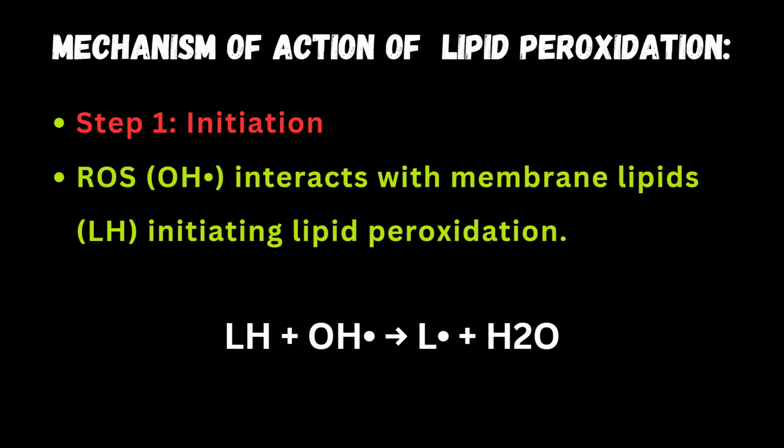Then, how does lipid peroxidation take place in our body? The first step is initiation, which means the starting or attacking process of free radicals on the lipid layer or lipid membrane. In this, first the hydroxyl or reactive oxidant species reacts with the lipid and forms a lipid radical and water.